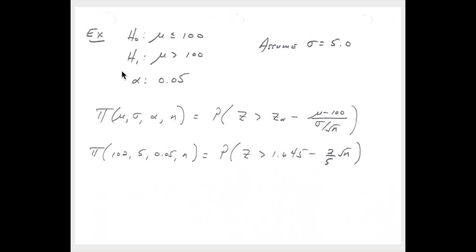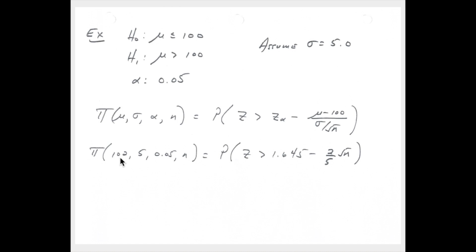All right, so I've got my hypotheses listed up here, my significance level, and my assumed population standard deviation. This is the expression for the power. All right, so we know that power is a function of the true value of mu, the population standard deviation, the significance level that we're using, and the sample size.